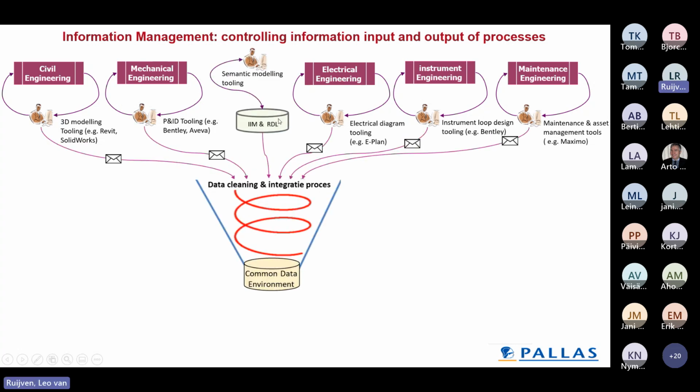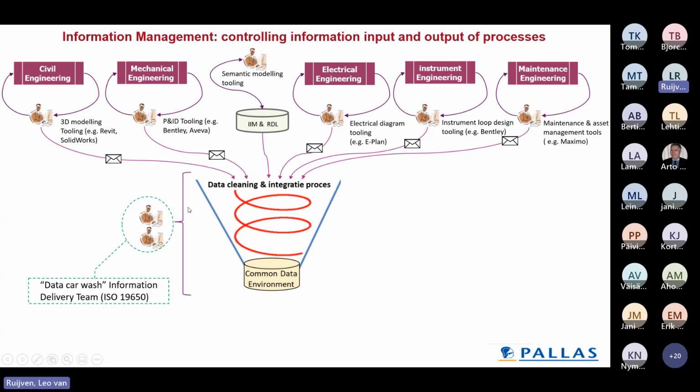Now, how we do it is that, based on the information model and the reference data library, we have a workflow getting data from those tools and cleaning and integrating those data streams into the common data environment.